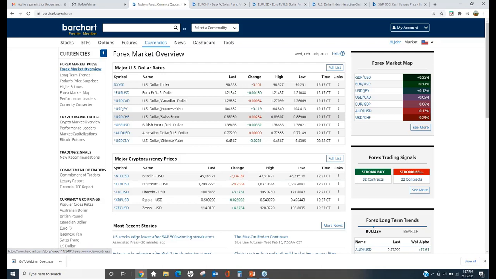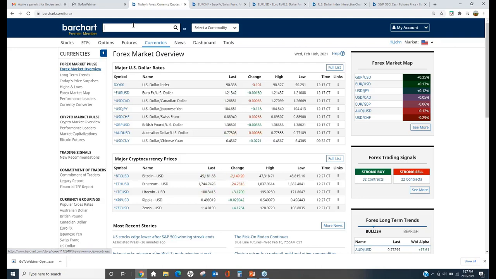Certainly in the last few weeks or so, that appetite has been there. We see a lot of money coming into the equities markets. Those risk on currencies are the Australian dollar, New Zealand dollar, and the euro.